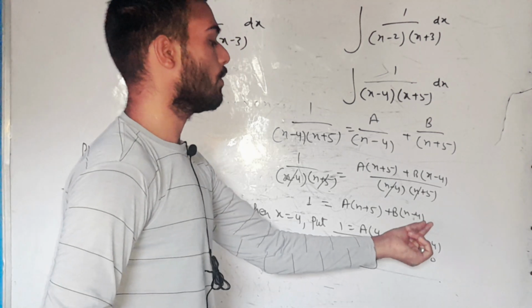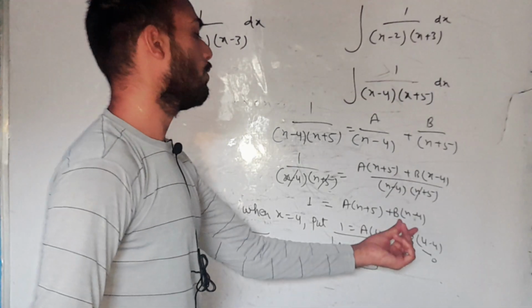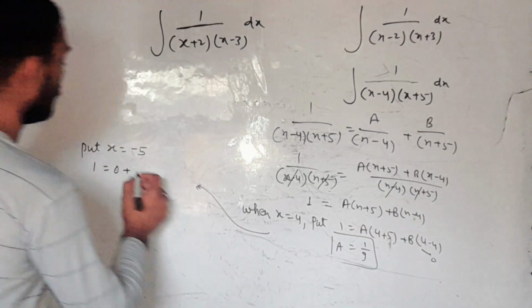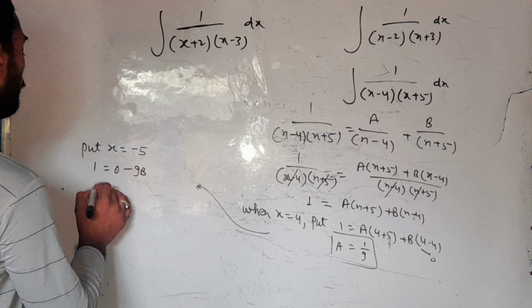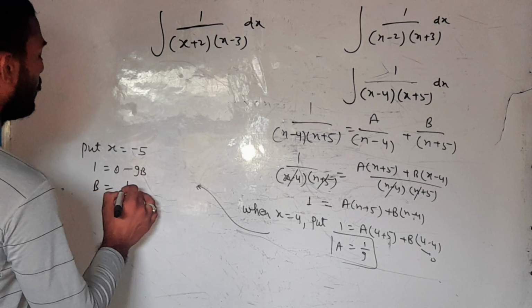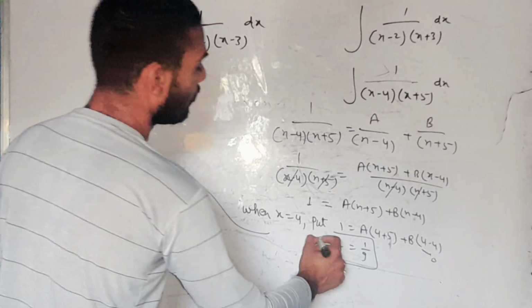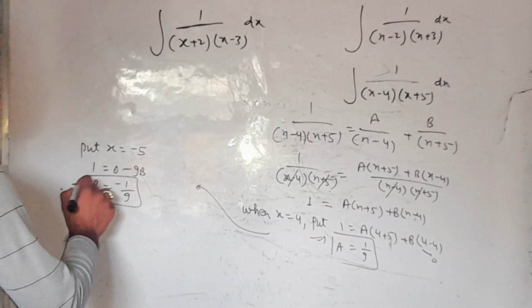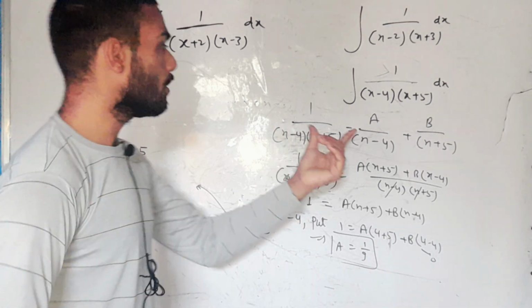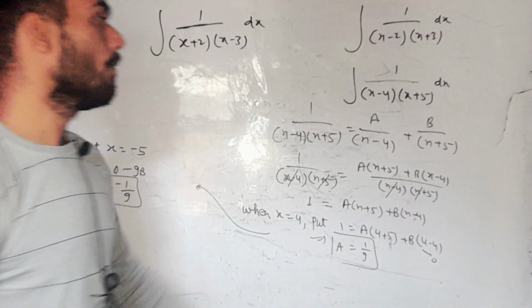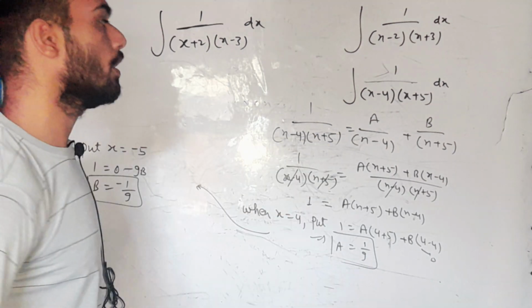Minus 5 minus 4 equals minus 9, so this will be minus 9B. So B will be minus 1 upon 9. The value of A is 1 upon 9, and B is minus 1 upon 9.